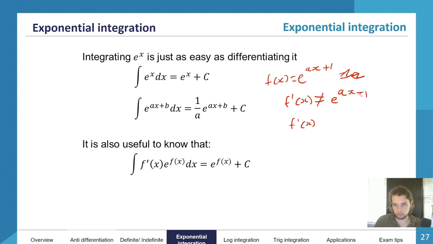So let's say, and I'm just doing a quick one, I think you've probably all seen this before, if we have f(x) equals e to the power of x squared, then the differential is equal to 2x times e to the power of x squared.